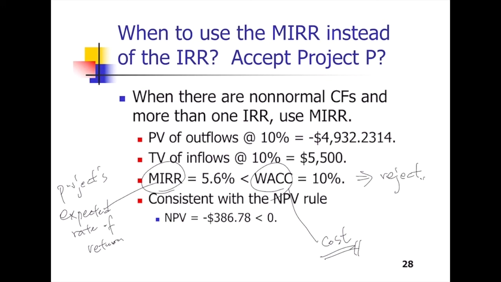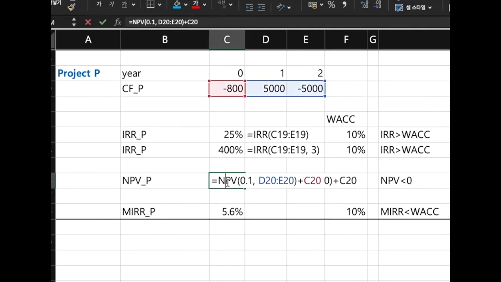And when you calculate the NPV of project P here, you input the WACC and then the second variable is the cash flow at T1, not T0, right? You should calculate separately because T0 does not need a discount.